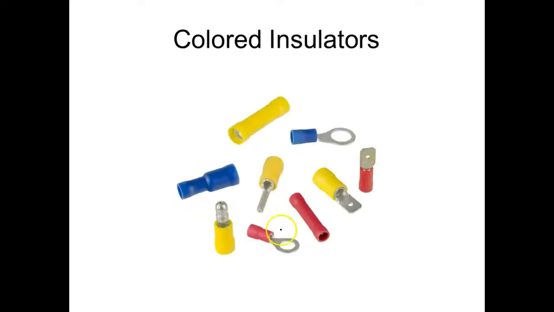The fork type, you got to be careful with those because they will want to back out from under the screw, especially if you put multiple terminals on the same screw. Some of them will try to back out. People won't notice that too.